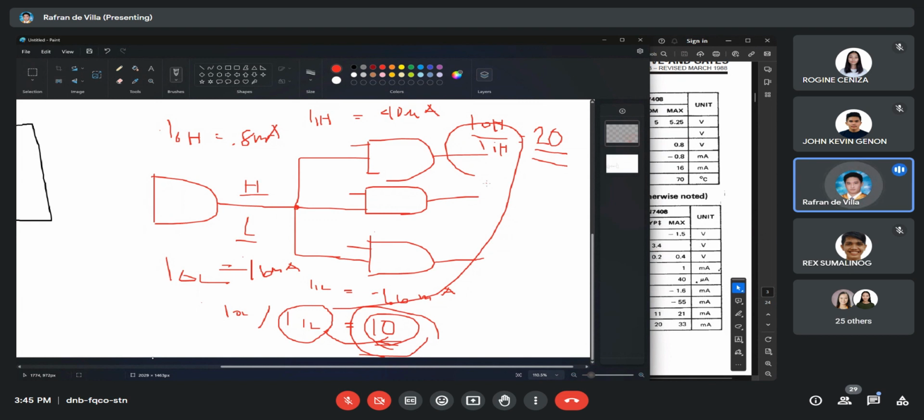Okay, so let's say for example, connect ka ug 20 ka AND gate, okay ra kung ang output sa kani nga gate is high, makontrol ra niya. Ang problema, ig-output na niya og low, di na niya makontrol og tarong kay ang masupply nga kuryente padung niya is basically 0.8 milliamps ra man. Okay?